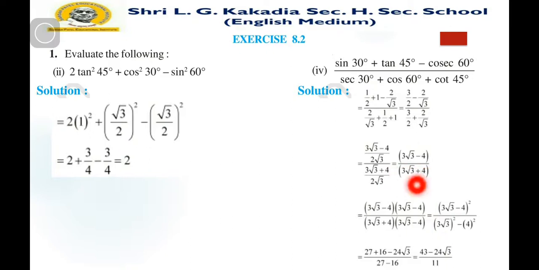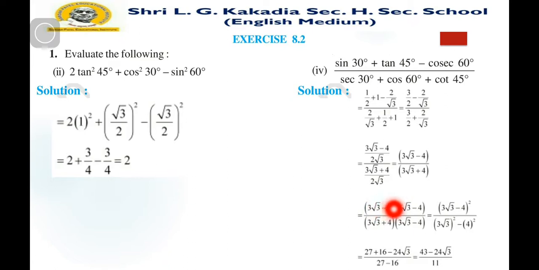Now multiplying by the conjugate term, 3 square root 3 minus 4 into 3 square root 3 minus 4 over 3 square root 3 plus 4 into 3 square root 3 minus 4. Multiplying both terms, it is x into x, that means x square, that is (3 square root 3 minus 4) square.